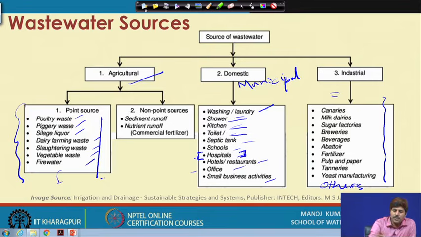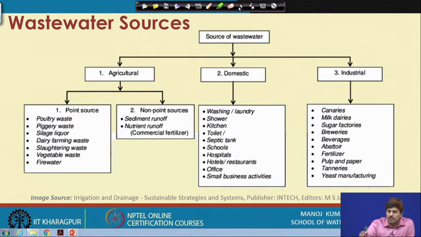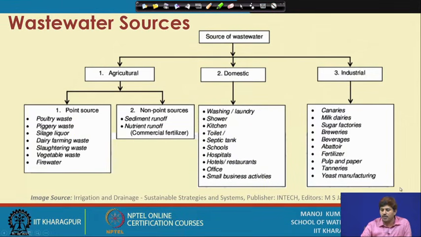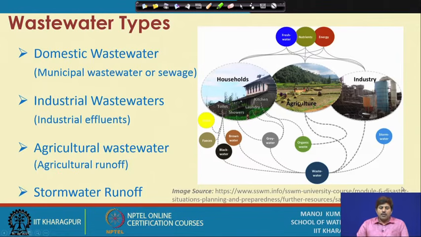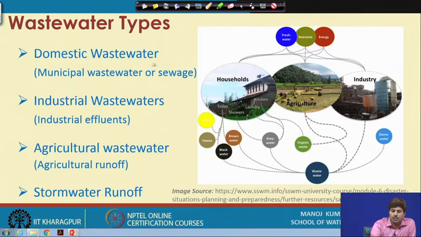We may consider stormwater as one form of wastewater. Now, based on all these, if we specifically look at the types of wastewater, we have domestic wastewater as one type, which is also referred to as municipal wastewater or sewage.